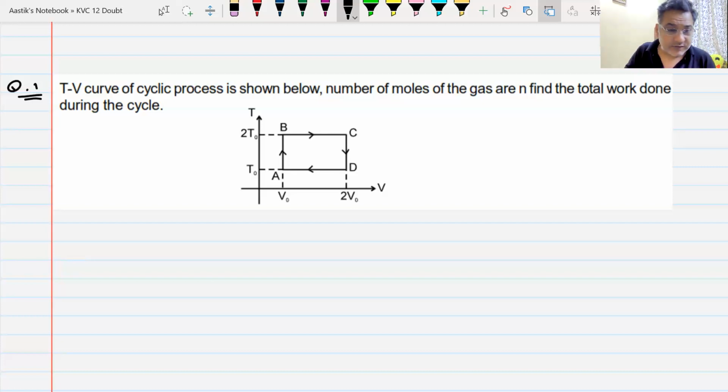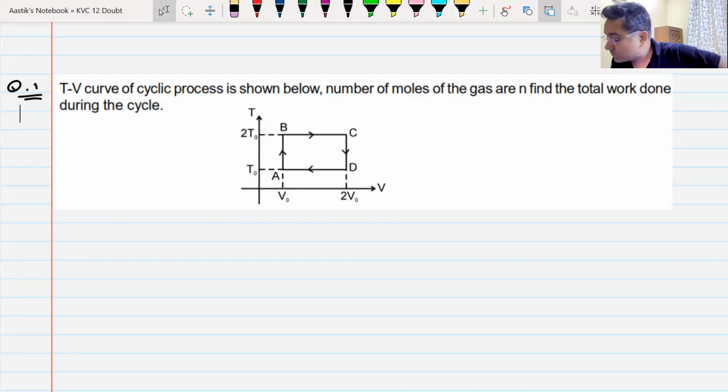Okay, tell me, how did you get it, beta? Area under curve. Very good. Which curve is this? TV curve. Area under TV curve gives us? T is proportional to pressure. Wow. T is proportional to pressure.